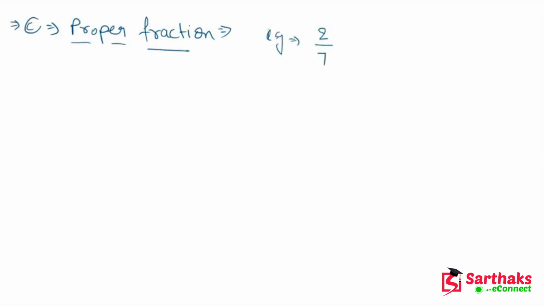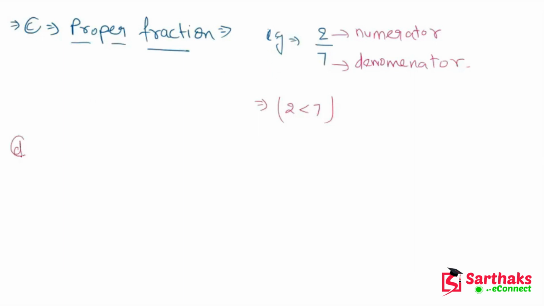The upper part is the numerator, and this is the denominator. In this case, 2 is less than 7, meaning the numerator is less than the denominator. So this is a proper fraction. I hope you get this point.